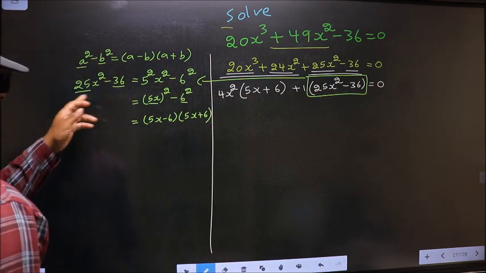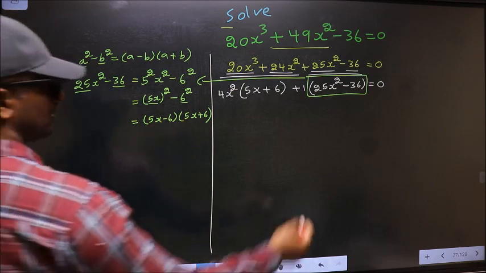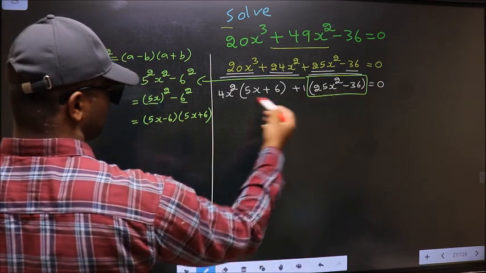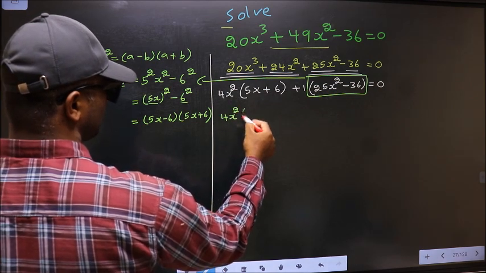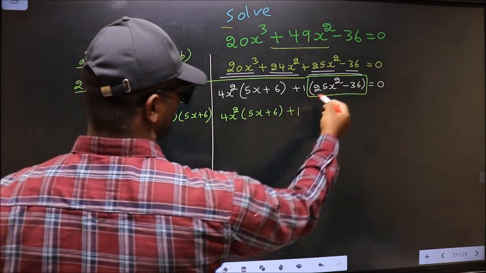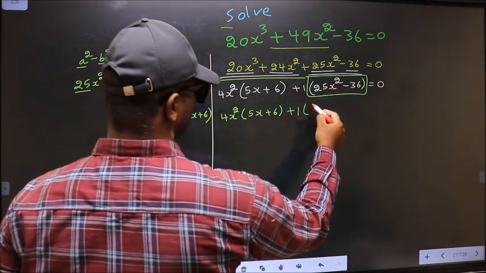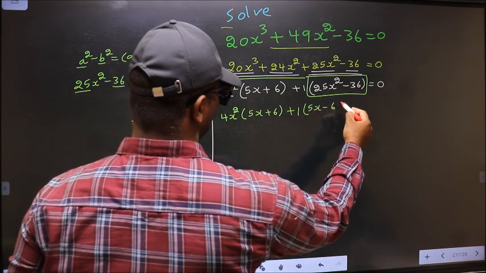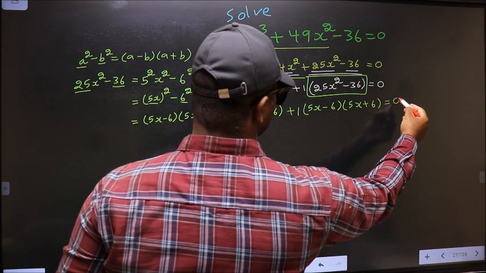Now in place of this quadratic we should write this over here. So this equation becomes 4x square times 5x plus 6 plus 1, in place of this 1, 5x minus 6 times 5x plus 6 equal to 0.